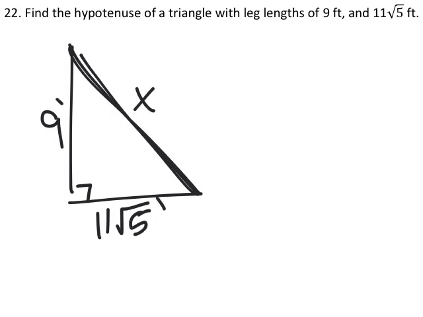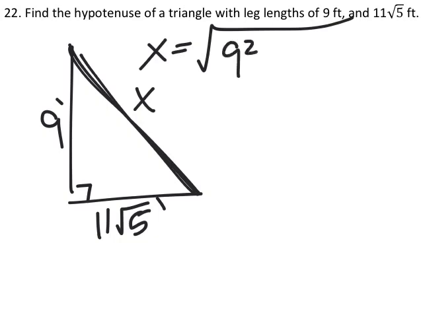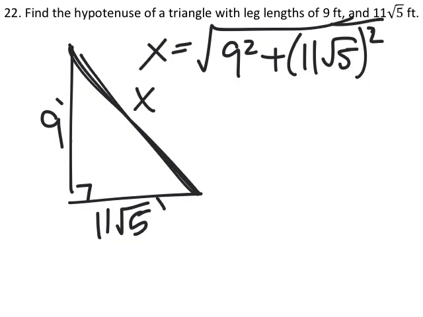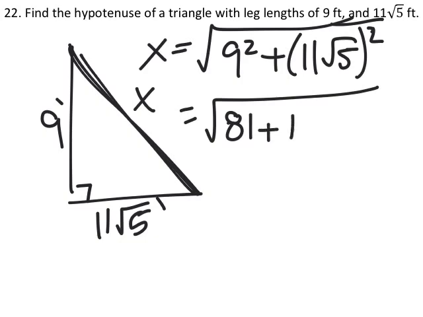And in order to solve this, this x value is going to equal the square root of the sum of the squares of the legs. So we've got 9 squared plus 11 square root of 5 squared. And finishing this off, we get the square root of 81 plus 121 times 5.